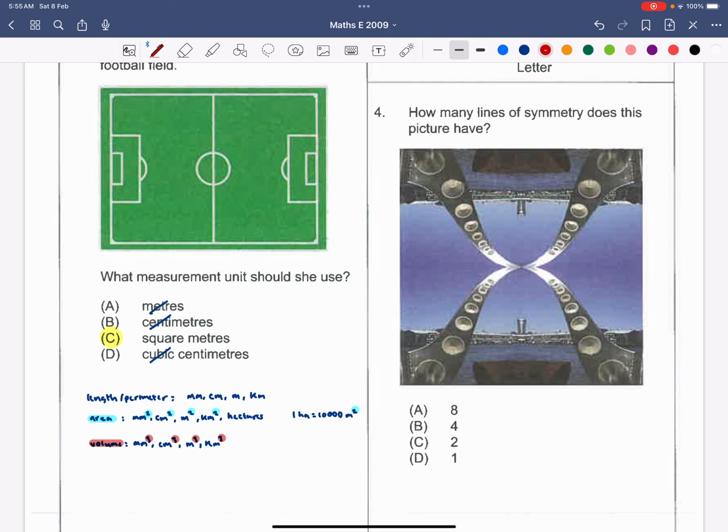If anyone tries to draw something like this, you'll realize it's not symmetrical across this, because look, it looks funny. This looks like this, for example, and on the other side of the line, it looks like that. That doesn't count, okay? So that is not a line of symmetry. So we only have 2 proper lines of symmetry. So the answer is C.